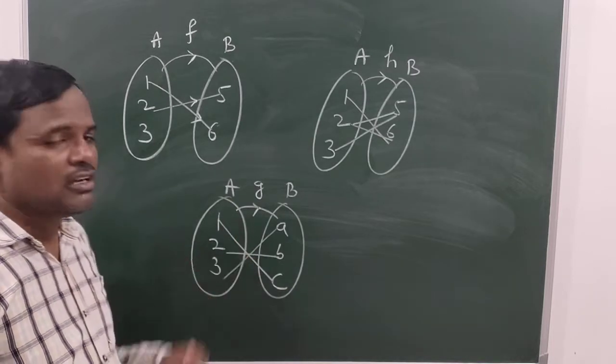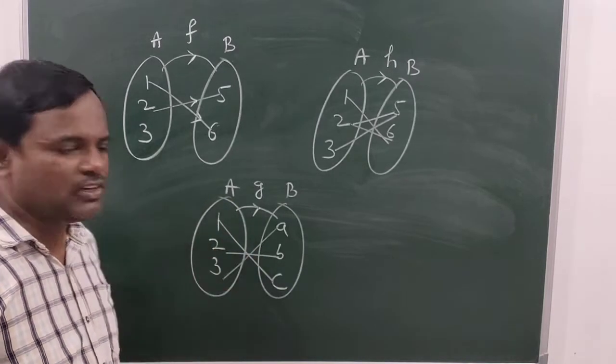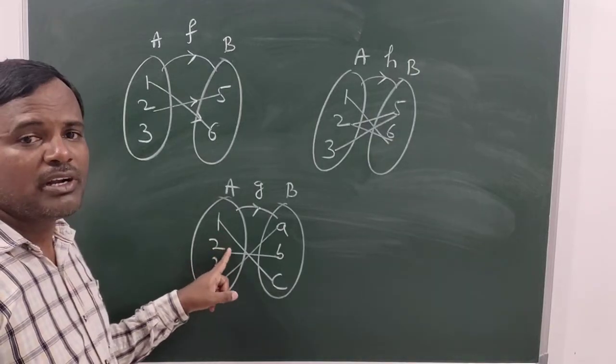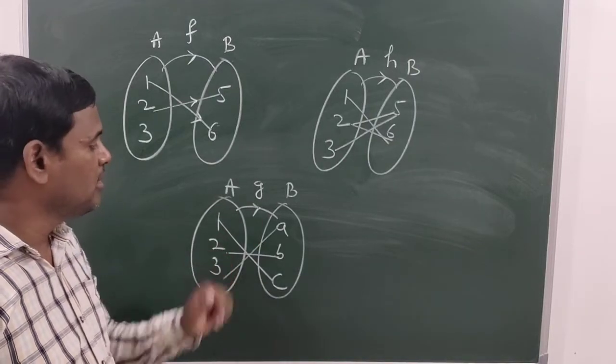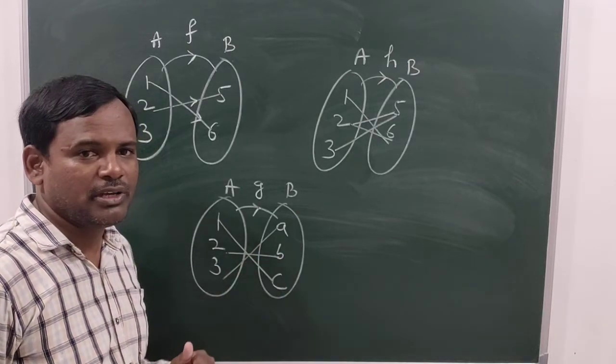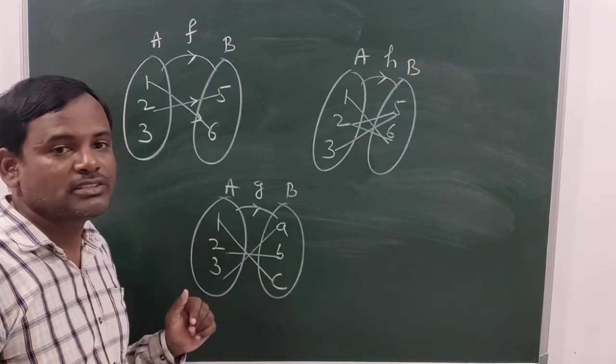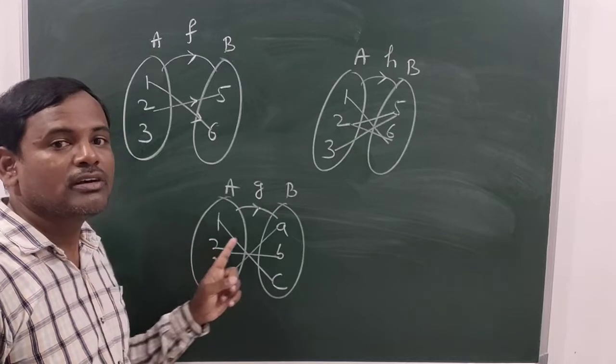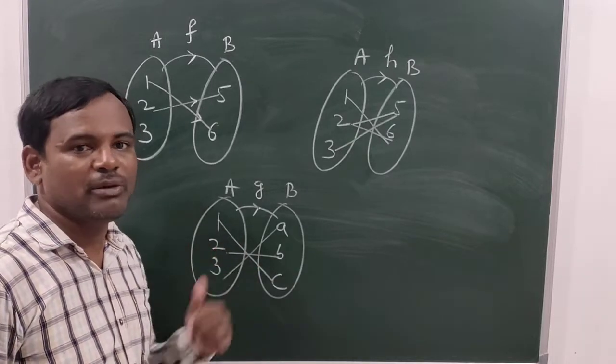Every element of this set A has a unique image from the set B, and no element has more than one image.